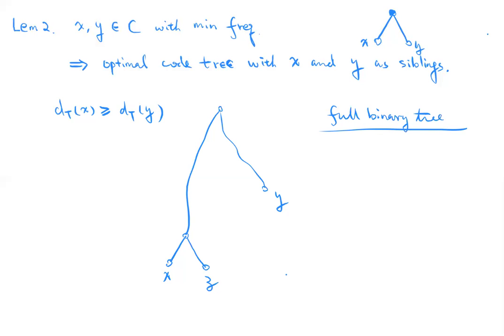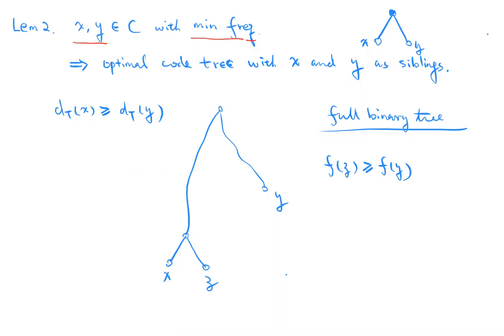So x has a sibling z. What happens is that the frequency of z is at least the frequency of y, because the assumption is that x and y have minimum frequency.